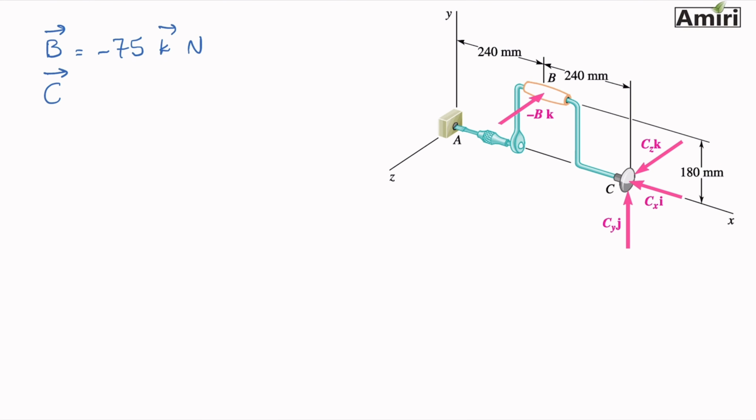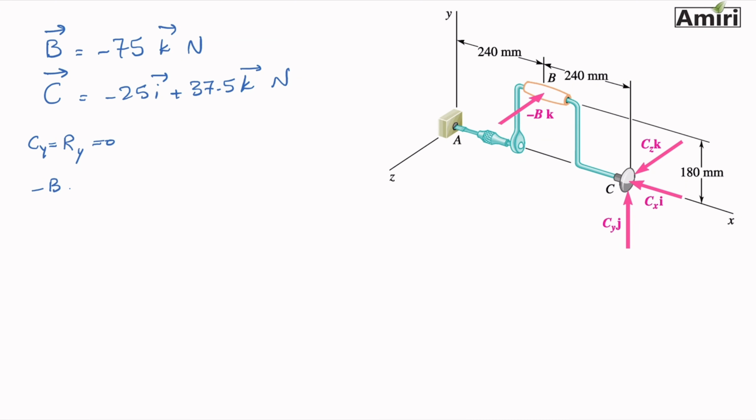And C, I could just write it as one vector. Minus 25I plus 37.5 K. Cy was 0. Okay, this is also newtons. From slide 1, I had Cy equal Ry equals 0.